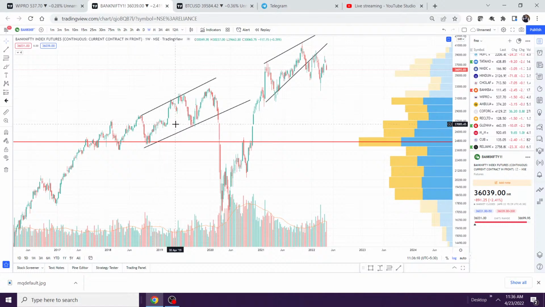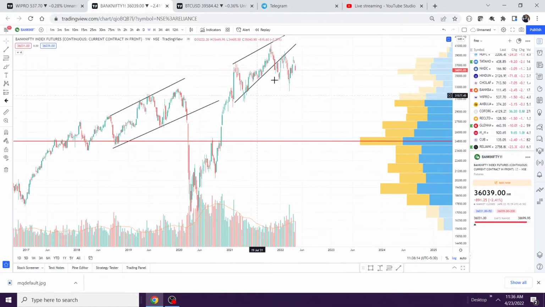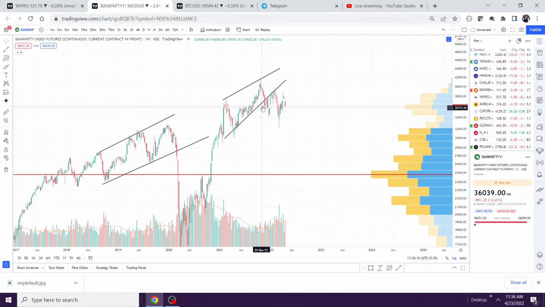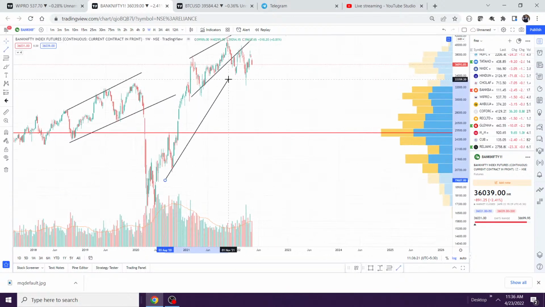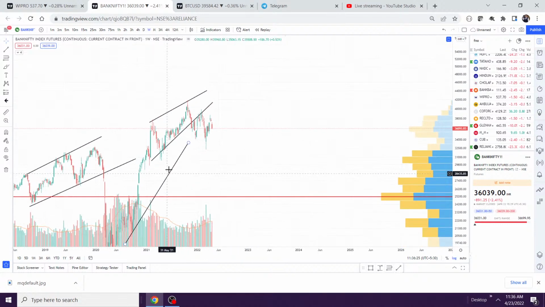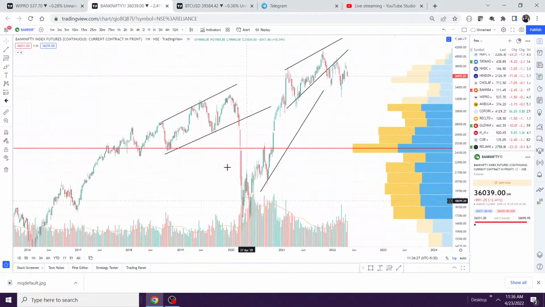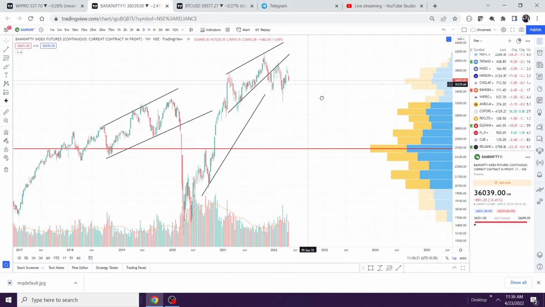Ending diagonal is a pattern after which a new impulse begins. And in this case, this is just a corrective pattern because the major move is up here. So we should understand whether there will be an impulsive move after this or whether there will be a corrective pattern.